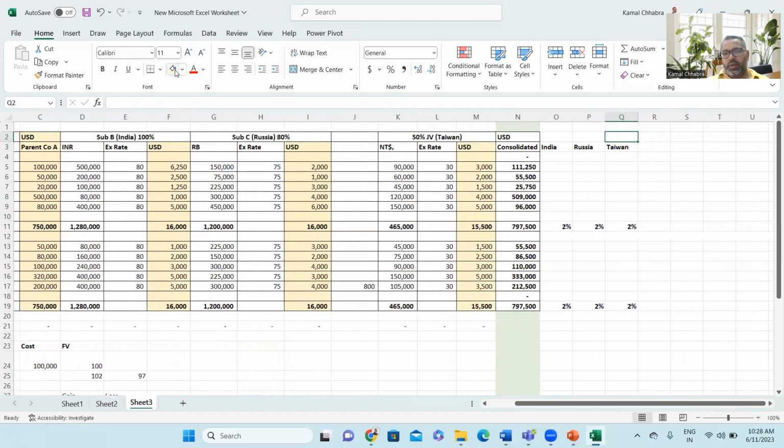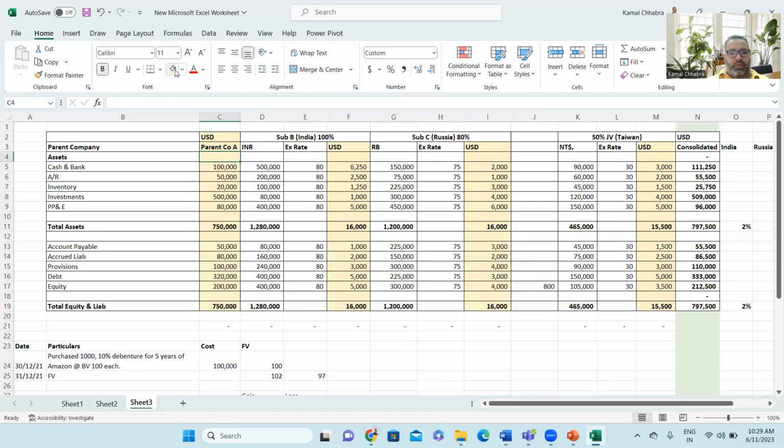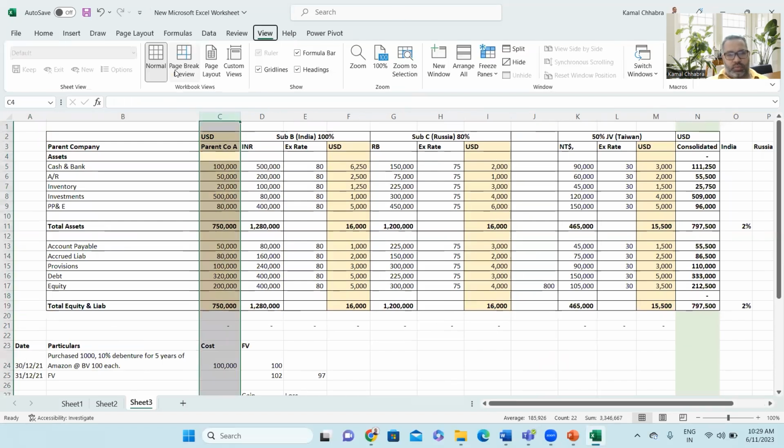Now, coming to the consolidated financial statement, in the consolidated financial statement you have the cash and bank total, AR, inventory, investment, property, plant and equipment.